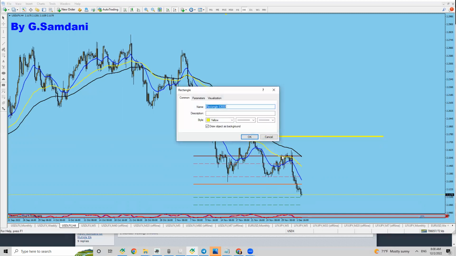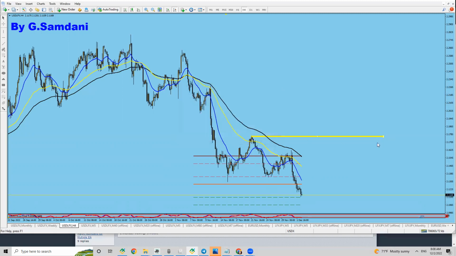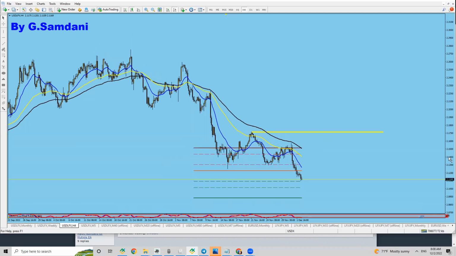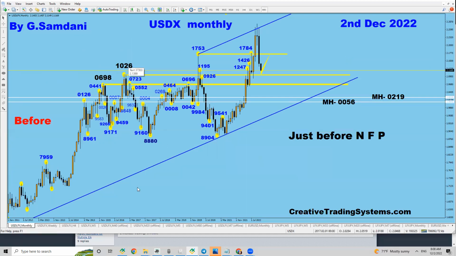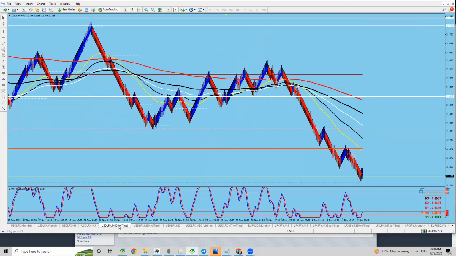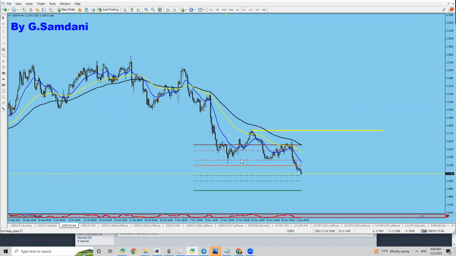So either way, we need to go up to this, right? The only danger is if the news comes out bad, it's going to drop to 1026, which is this area. 1026 is not too far.